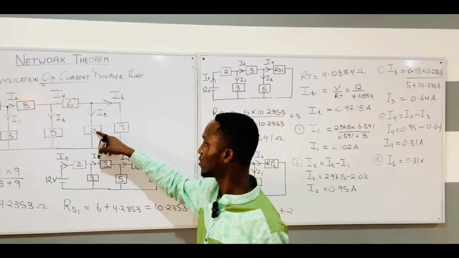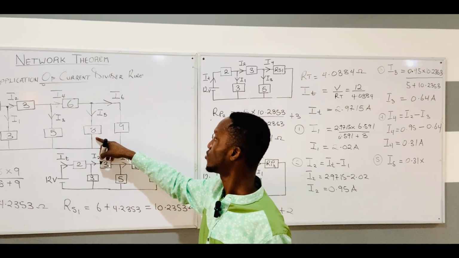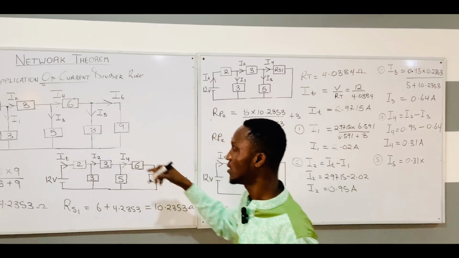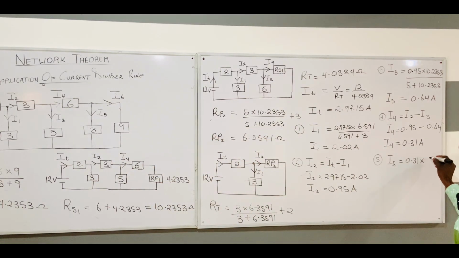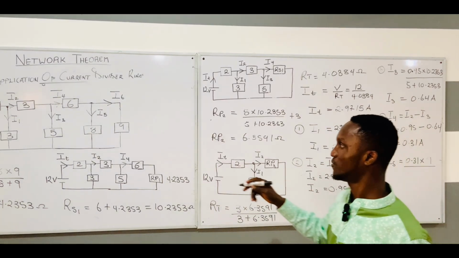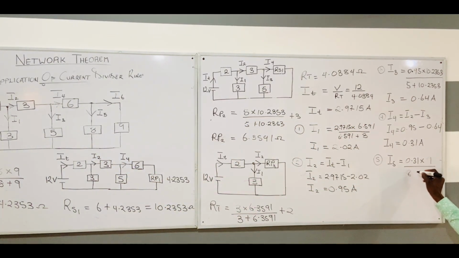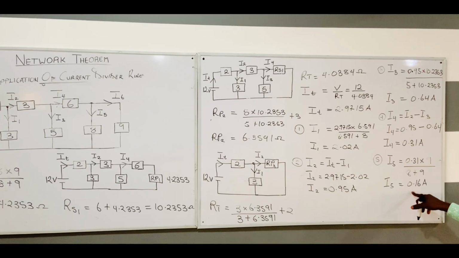I5 is passing through the 8 ohms here, so we use the resistive value 9 ohms. We multiply 0.31 by 9, then divide the result by 8 plus 9. Now when we punch this, I5 is 0.16 amps in 2 decimal places. Cross check again. Alright.